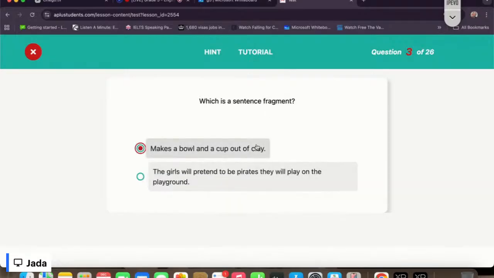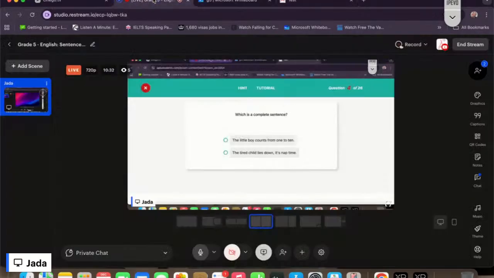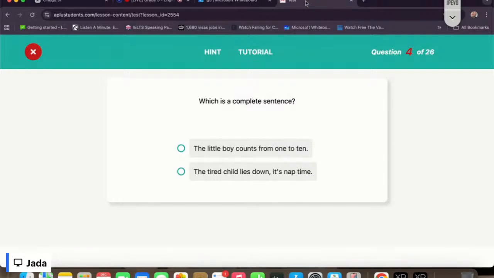We have no idea who does that. So it's the first. Then which is a complete sentence, first or second?